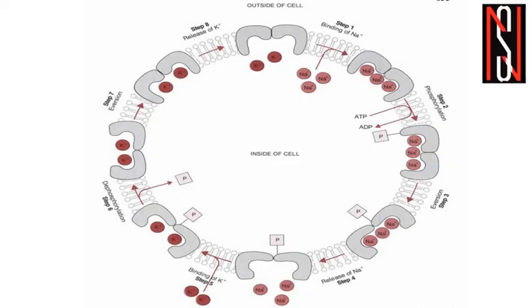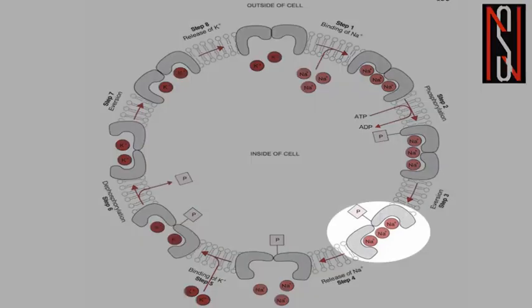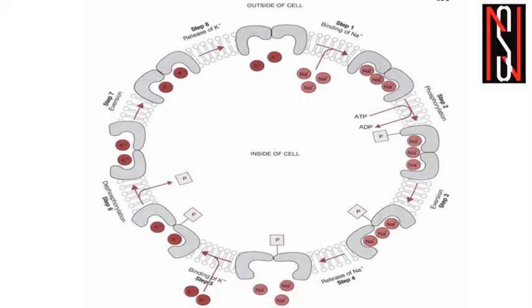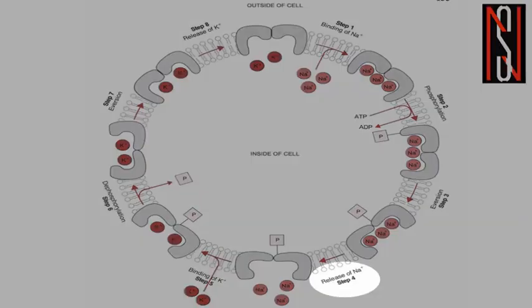Now, through this eversion process, the conformation will be changed and the pump will be open towards the outside of the cell. Now, when the pump is open towards the outside of the cell, the sodium ions are not bound strongly as before, and then it will release the sodium ions in step 4.